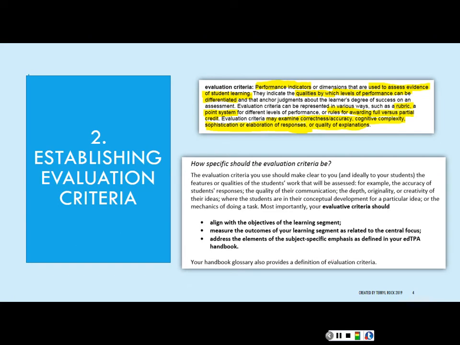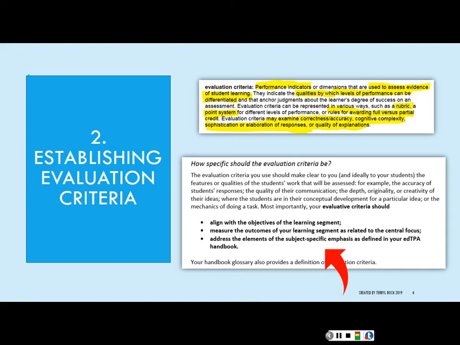Rubrics are perfect examples of evaluation criteria. But they can also be checklists. Checklists are also good. But this is the thing you need to remember. Your evaluation criteria must align with your objectives. Must.